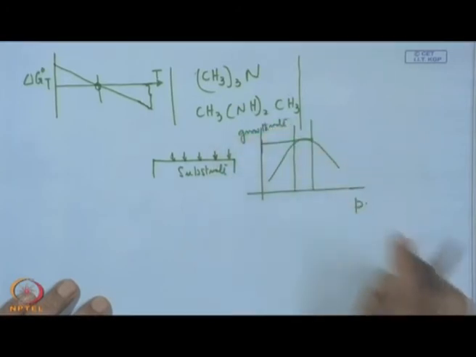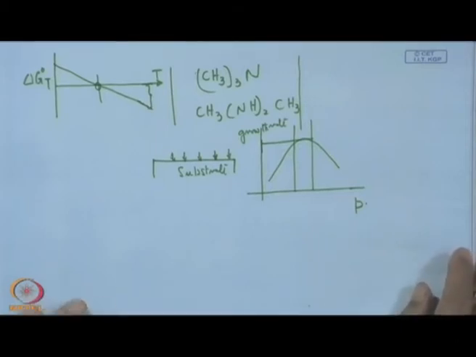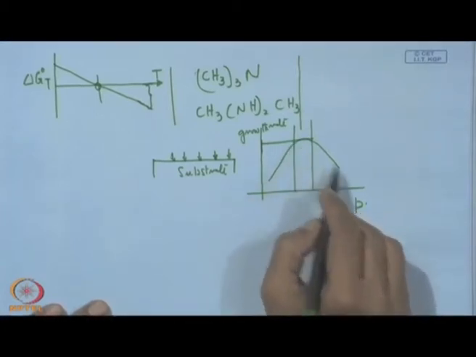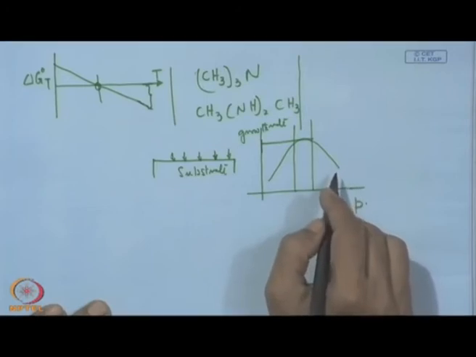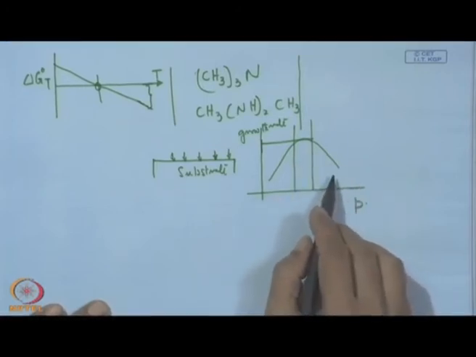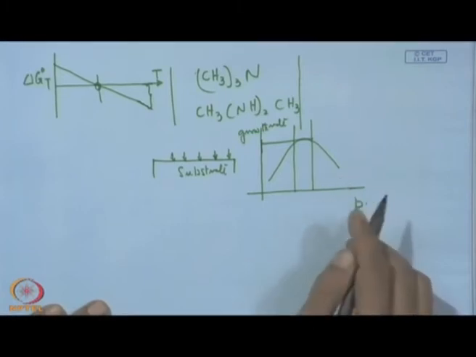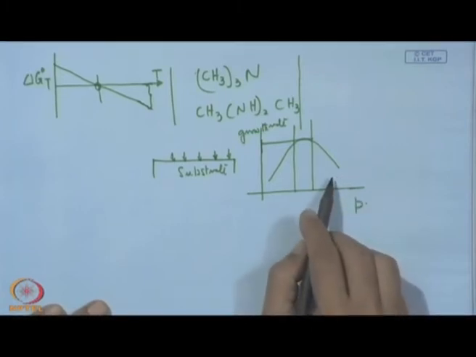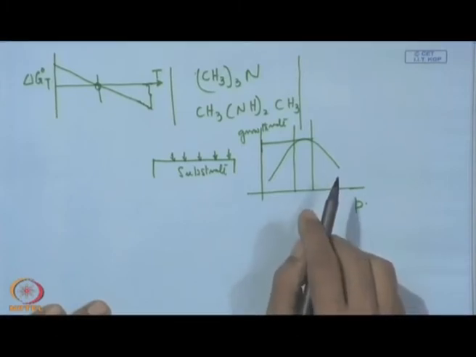Growth rate of the coating can be expressed in milligram per hour or micron per hour, that is, increase of mass or increase of the thickness. However, if we go beyond that point, what is going to happen? Because of this high pressure, the mean free path will be shorter and that will invite collision and reaction in the gas phase.